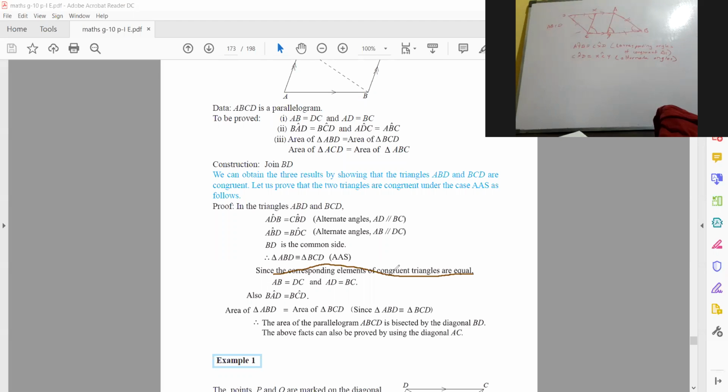These two angles are equal because they are alternate angles between two parallel lines AD and BC, right?